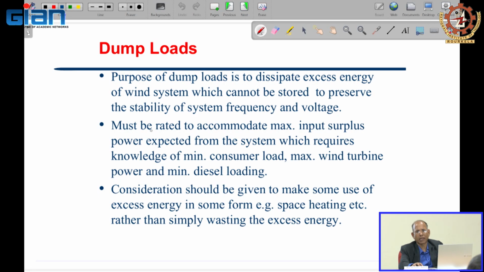What should be the rating? 5 kilowatt, 10 kilowatt, what rating do you decide? In principle, the dump load rating must be able to accommodate the maximum input surplus power expected from the system. How much in the worst case scenario? In the worst case scenario, how much maximum surplus power can you have? That you will be dumping.